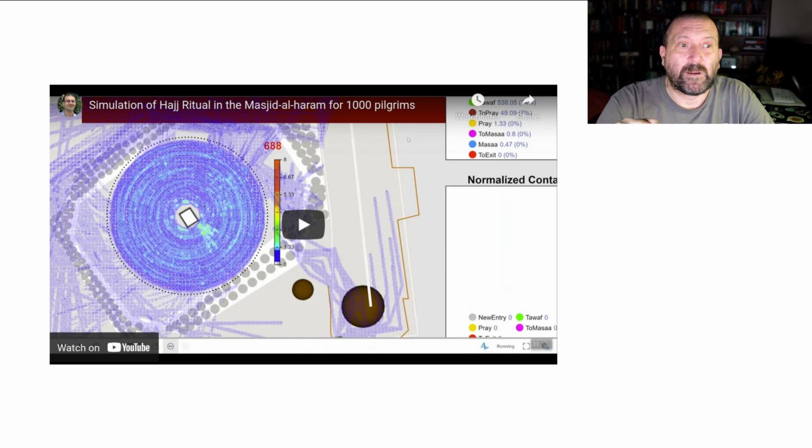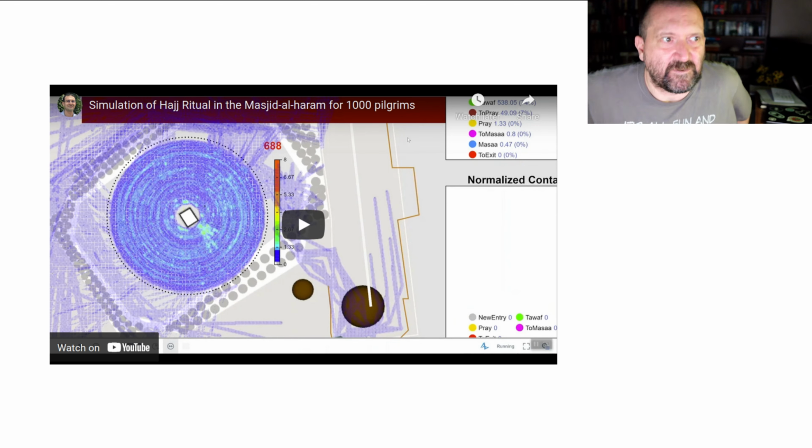Okay, and here he is able to count the number of contacts. So you see here he's counting normalized contacts as the simulation progresses.